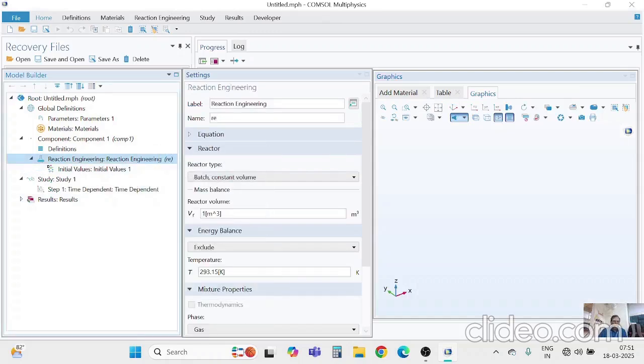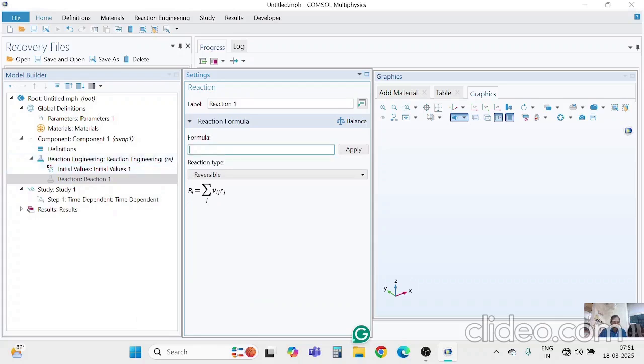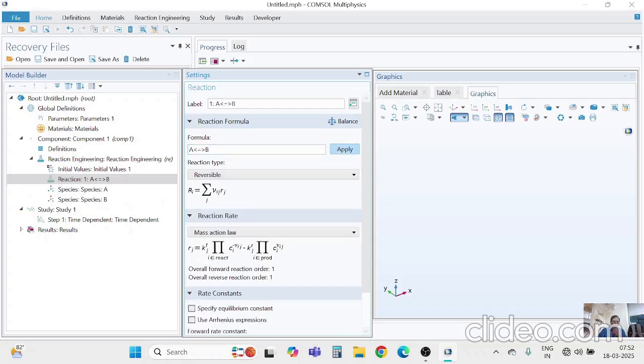For this non-elementary reaction, I just took the reaction A in equilibrium to B, then apply. Here both forward as well as reverse reaction are going to be taking place. So we need to give the rate constant for forward as well as the reverse reaction.